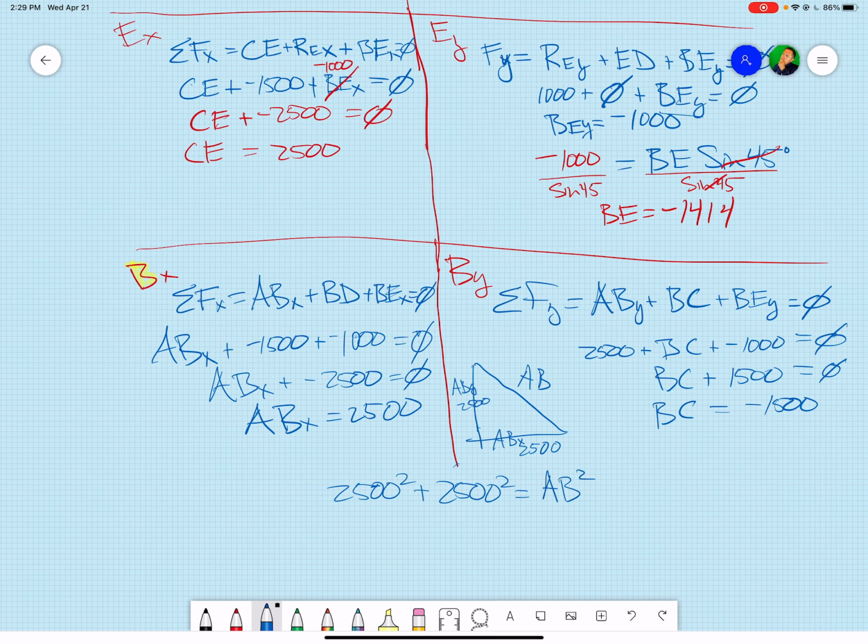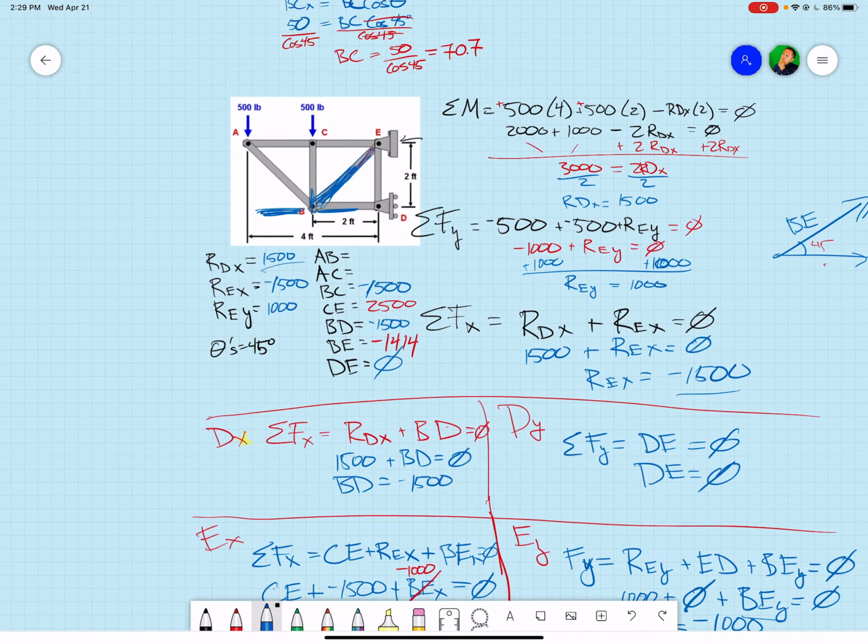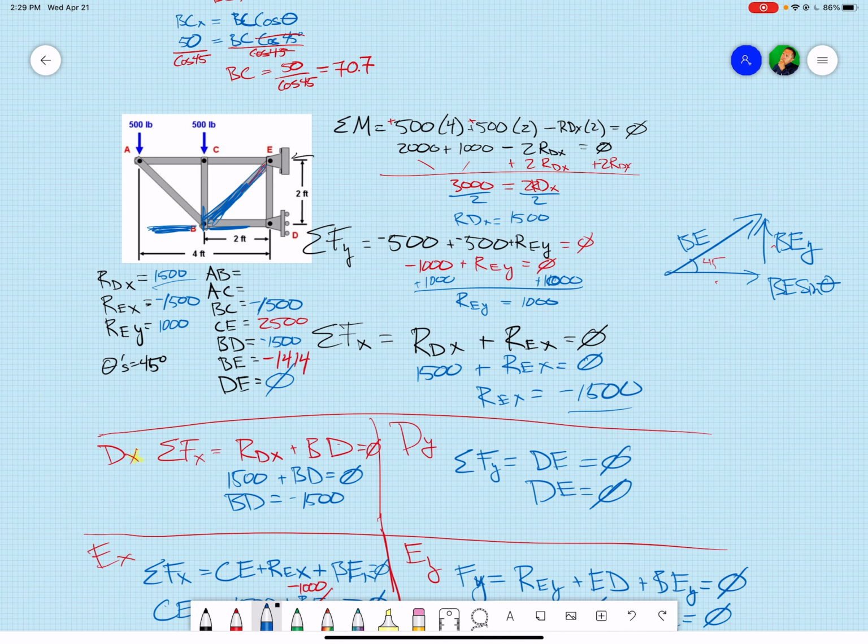Don't forget to square root when you do this. 2,500 plus 2,500 equals 3,536. So AB equals 3,536. Boom.